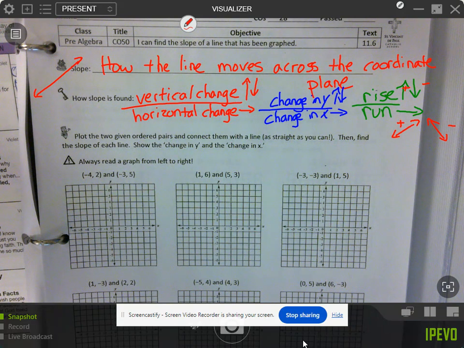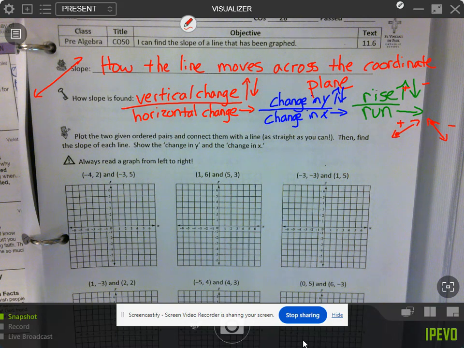Should have said the first thing. First thing when we're finding a slope is we always read from left to right. So we always start at the left side. Whatever point we hit first on that left side, that's how we know if we're going up or down, because we always go left to right. So you start at the left side of your line, and you look, is my line going up, or is my line going down from that left side of the line?